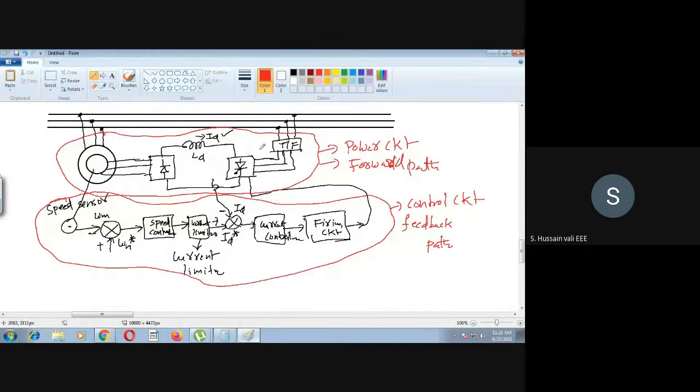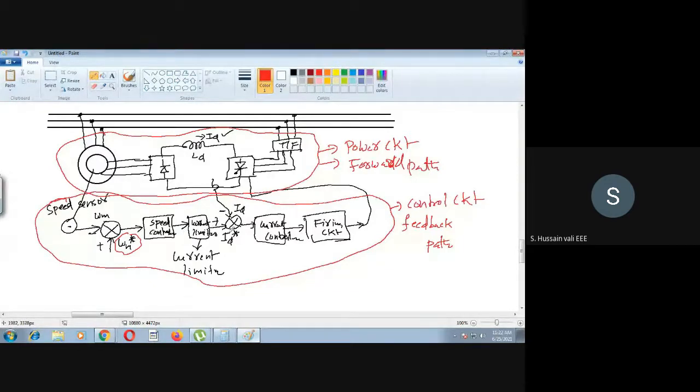What you require for the power circuit, based upon that only you design the controller. First of all, you want to run the induction motor at a particular speed. So you will take the feedback of the speed. That speed is the reference speed. This reference speed will be compared with the actual speed of the induction motor. Then you get some error, and that goes to the speed controller, then to the current limiter.